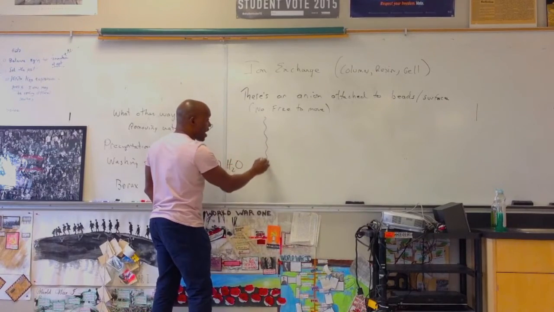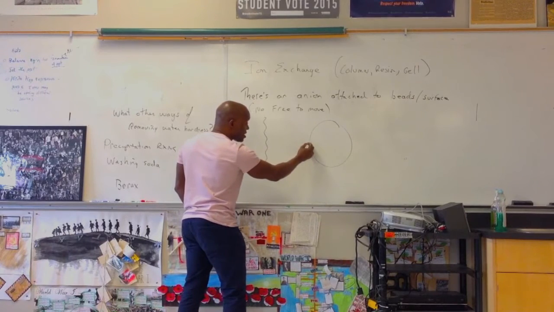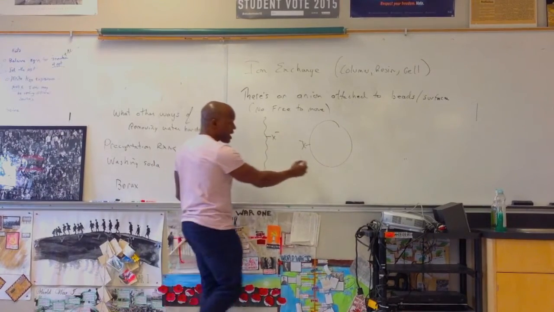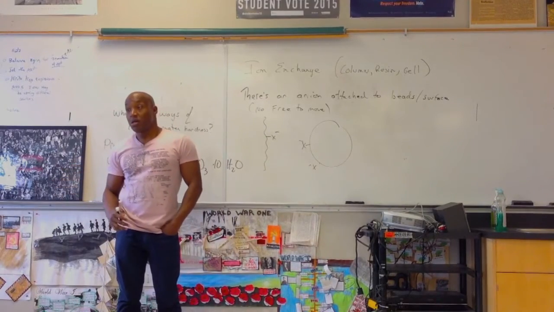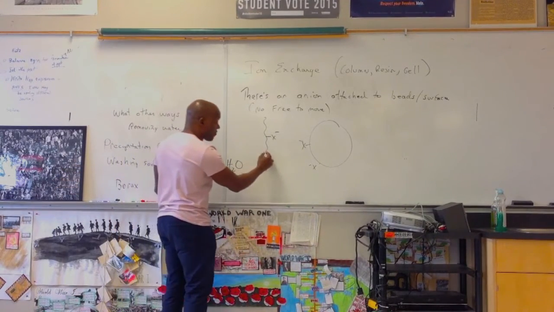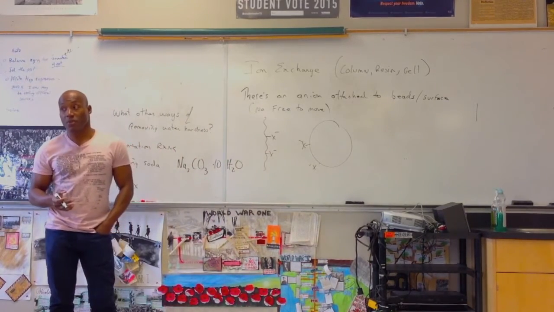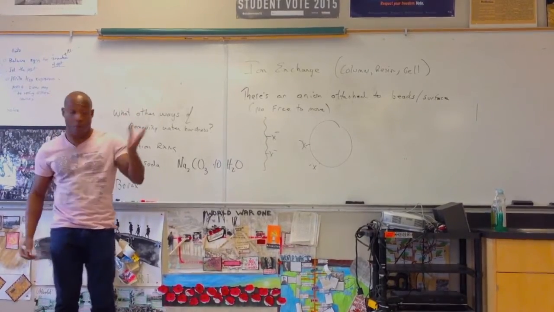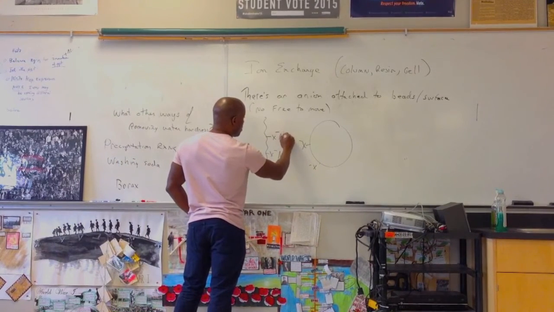So if I could draw a little diagram of this, you have a surface or you have a bead, and attached to the bead will be some anion. So the anion is chemically bonded to the bead, or it's bonded to the surface, or it's inside the gel, but whatever it is, it's not free to move. Next to this ion will be some positive charge, obviously, you can't have separate ions, and that positive charge will be just associated with the anion.